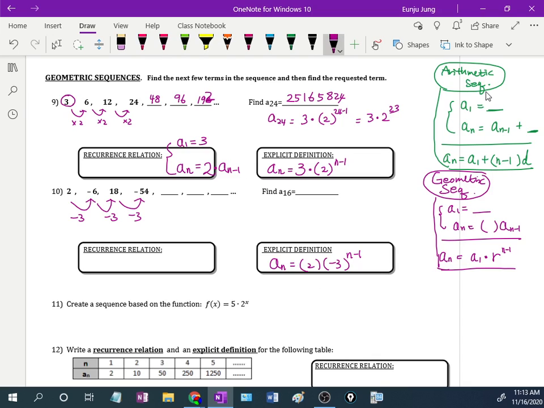And now let's evaluate it. My index is 16, so we're using n = 16. So 2 times (-3), 16 subtract 1, that is the power, and then you'll get the answer.